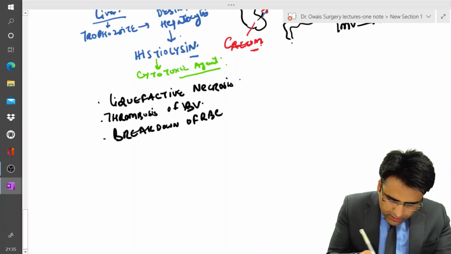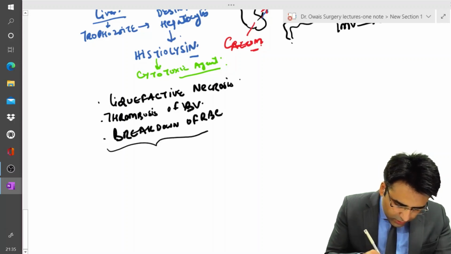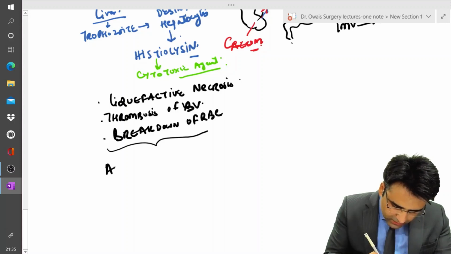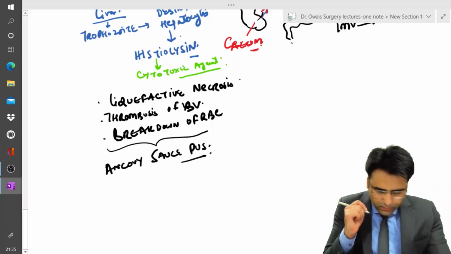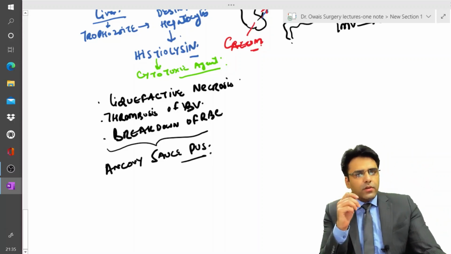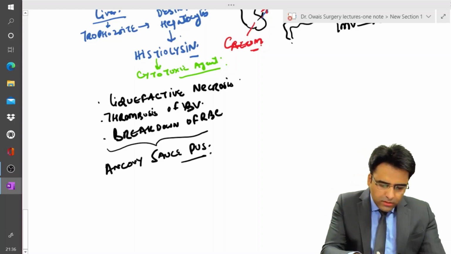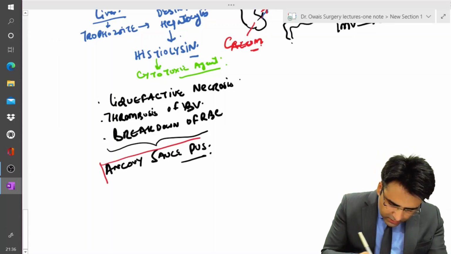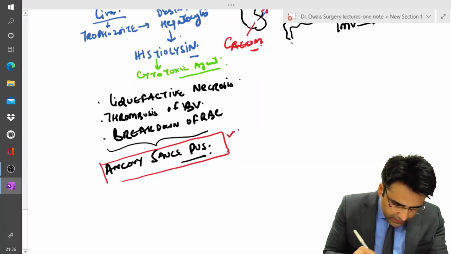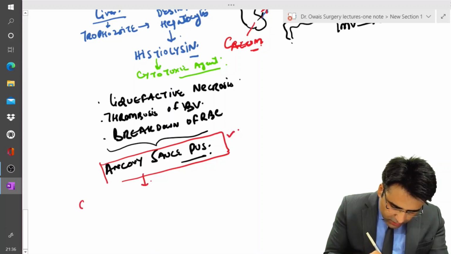All these three can result in formation of a pus which is termed anchovy sauce pus, which is typical of amoebic liver abscess. This is very important.